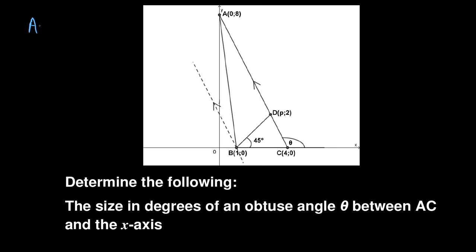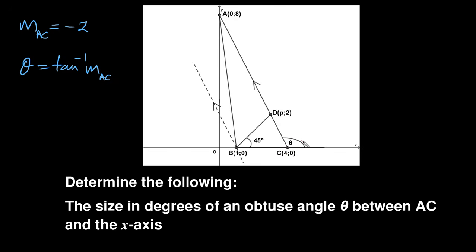If I can write it like this, M of AC is equal to -2. Now there is a formula which says theta is equal to arctan M. So with this formula, we are going to use arctan M of AC because we know the gradient of the line AC from the previous question.